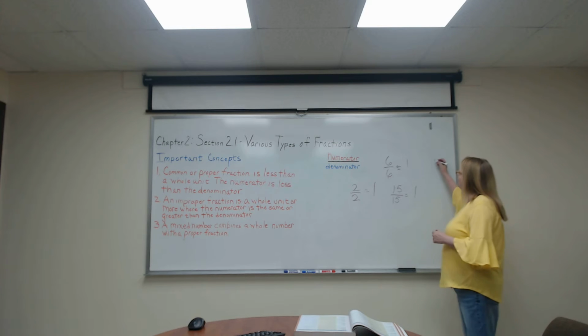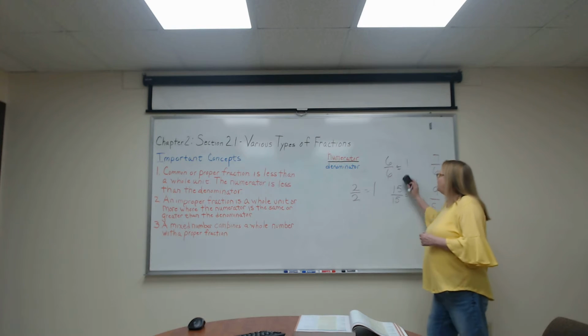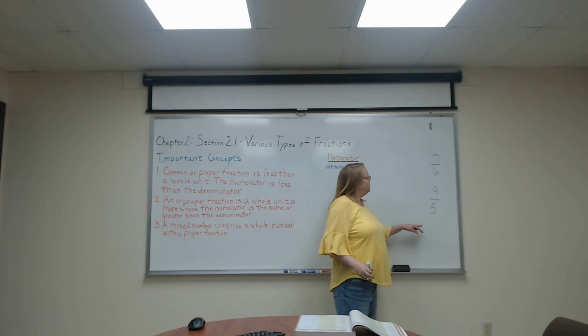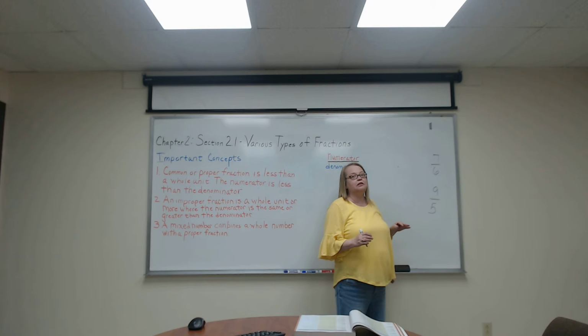But we can also have a fraction that looks like 7/6 or 9/5. Notice with these, the denominator is smaller than our numerator. And we're going to be talking more about what to do when we see these types of fractions once we start adding, subtracting, multiplying, and dividing them.